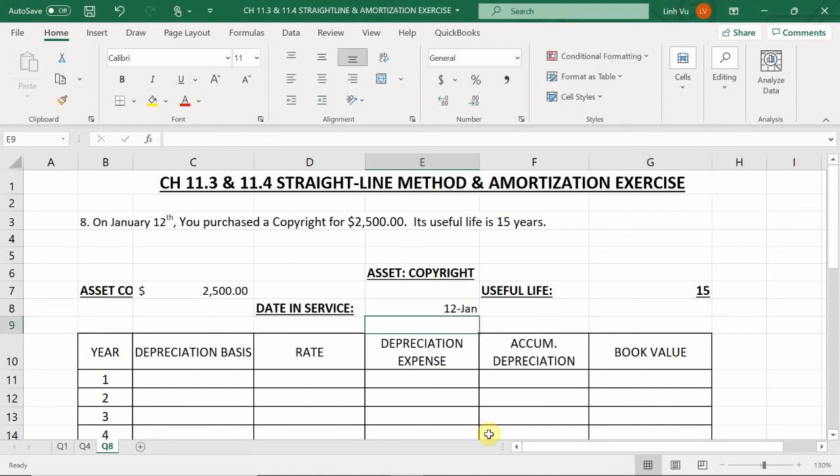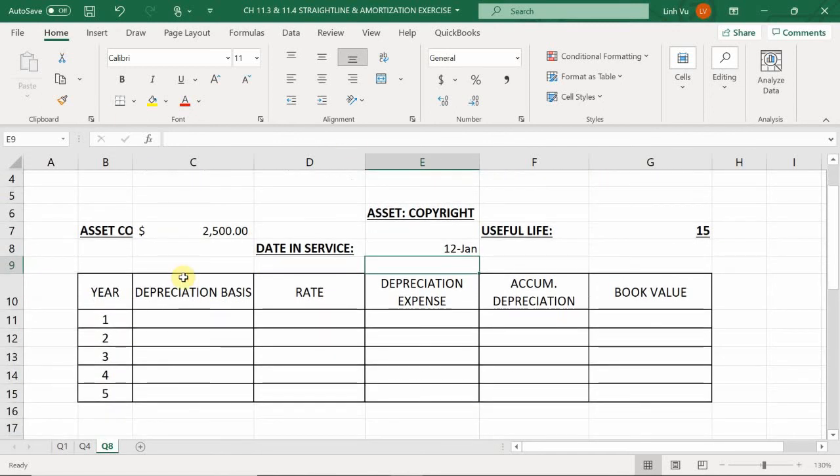January 12th. So assuming in this example here, I'm going to be amortizing it at the end of every year. So if I decided to amortize it as of January 12th, we're going to account for it that same month? Yes, we're going to count January all the way down to December. So in this case, what's my depreciation basis?